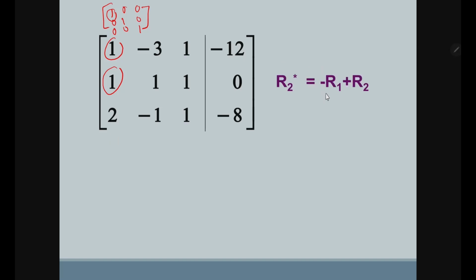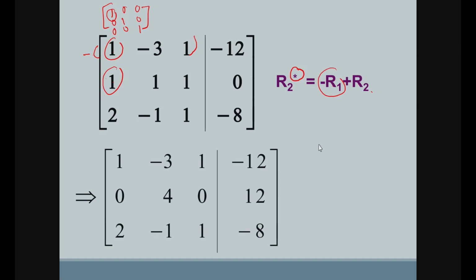Okay, for the second row, the star here stands for the new row of R2, which is negative R1 plus R2. R means row. Negative row 1 plus row 2. So negative 1 plus 1, we can get 0.